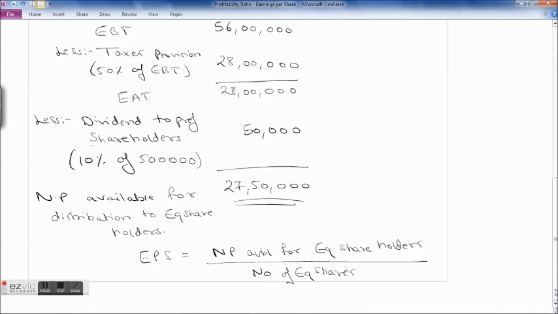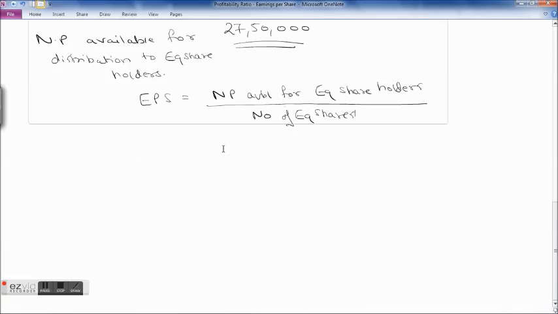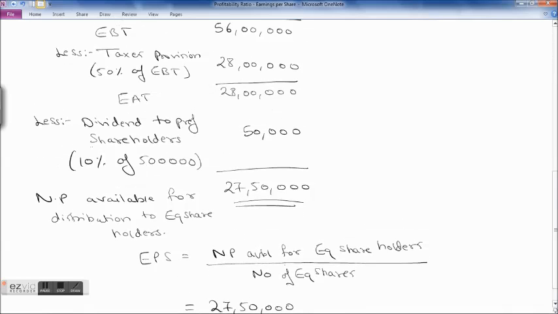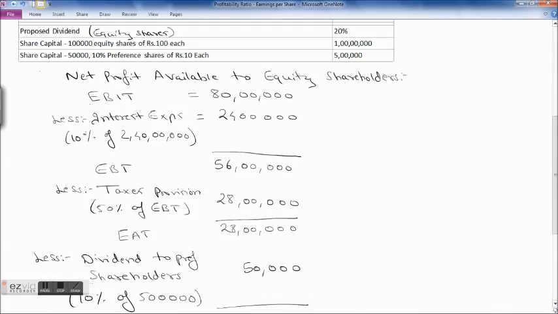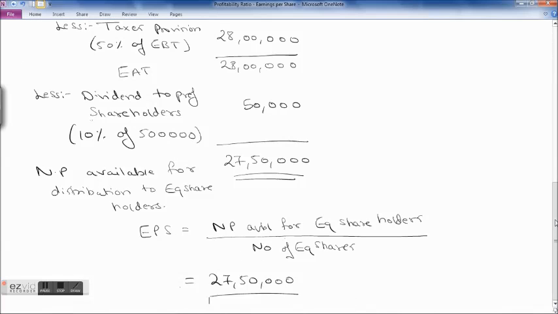So this is equal to 27,50,000 divided by the number of equity shares that we have, which is 1 lakh.